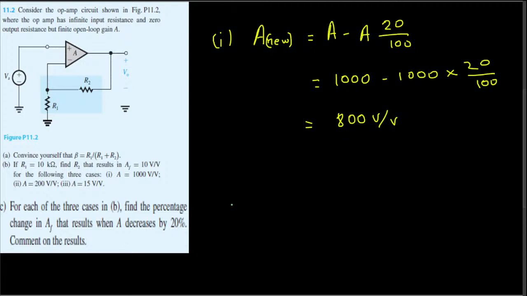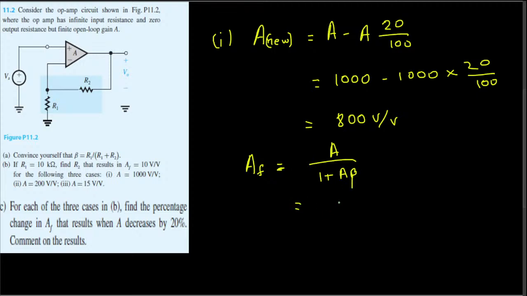Now for this one, we have to find out the percentage change. To calculate the percentage change, first we have to find out the closed loop gain for the new gain. The closed loop gain is basically A over 1 plus A beta.